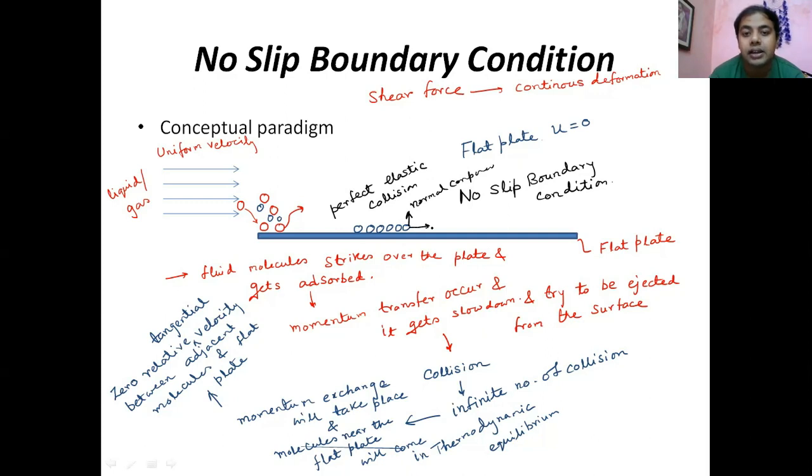But the tangential relative velocity will be zero. The tangential component is the same as the flat plate, but it might have some normal component. So that's why I'm saying zero relative tangential velocity between adjacent molecules and flat plate. This is called the no-slip boundary condition.